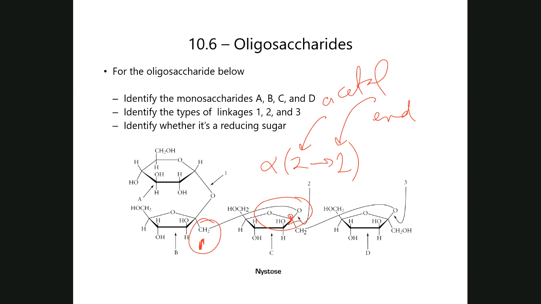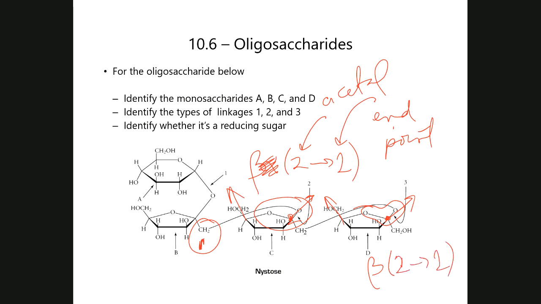Okay? So if you look at the number 3, it's exactly the same, right? So here's my acetal. That's my reference point. That's carbon number 2. And actually, it's not alpha, it's beta. That was my bad, right? Because if you notice, this is up. This is in the same direction. So this is a beta 1,2 glycosidic bond, right? This is up and this is up. So this is also a beta 2 to 1 glycosidic bond.